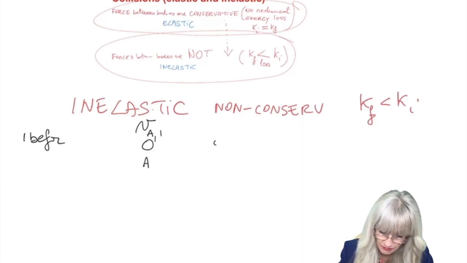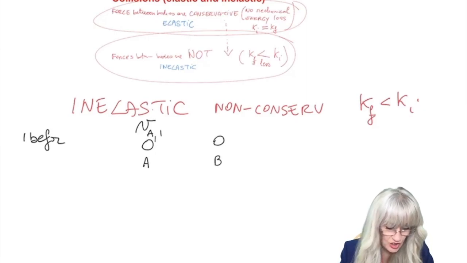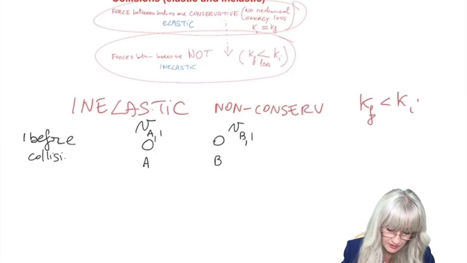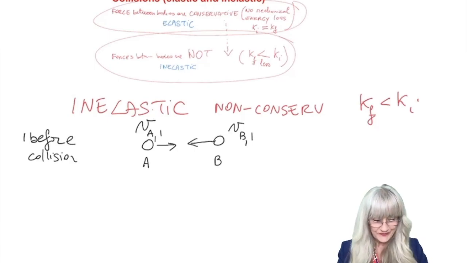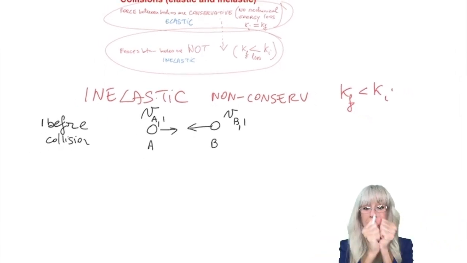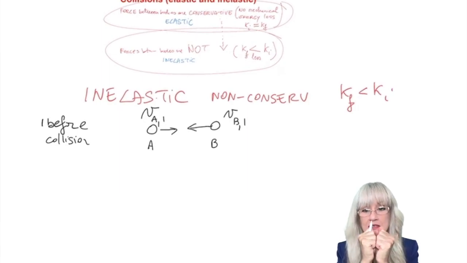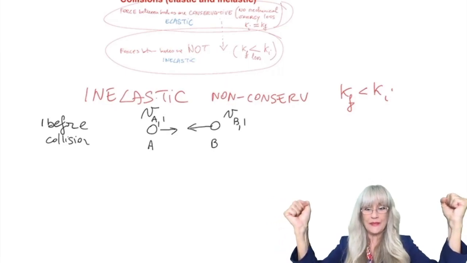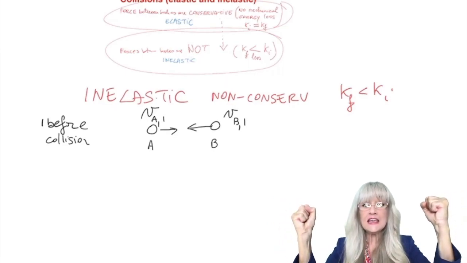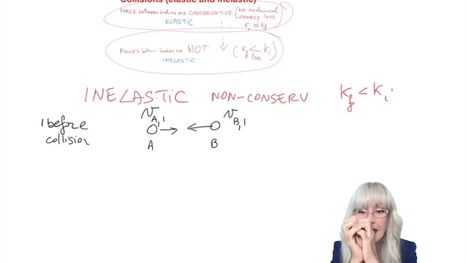I'm going to consider a body B, which has a velocity B1 because it's before collision. Let's imagine that these 2 objects are moving toward each other. What happens? They will collide. In an elastic collision, these objects bounce back, but since it's inelastic, they collide and they become 1.